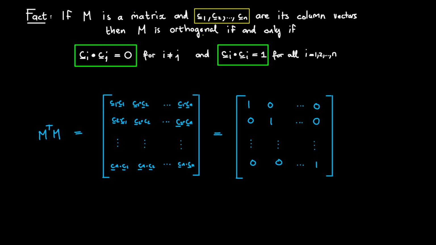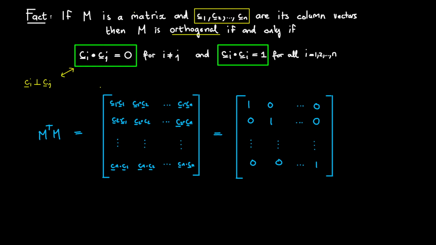Then we have that this matrix is orthogonal if and only if these two conditions hold. So that is that the Ci's are orthogonal vectors. This condition here means that Ci, if i is not equal to j, is perpendicular or orthogonal to Cj.